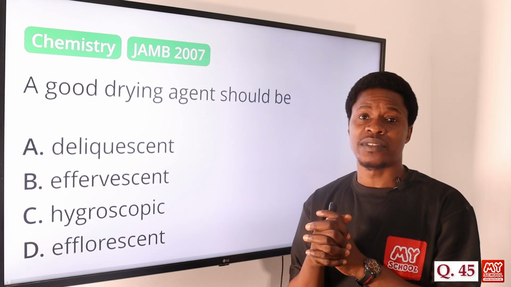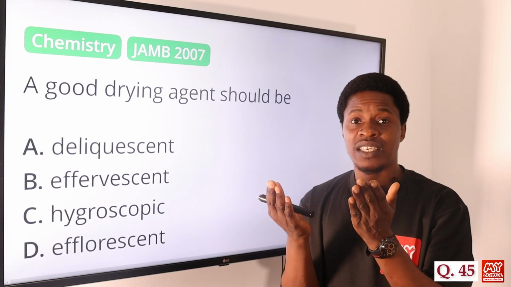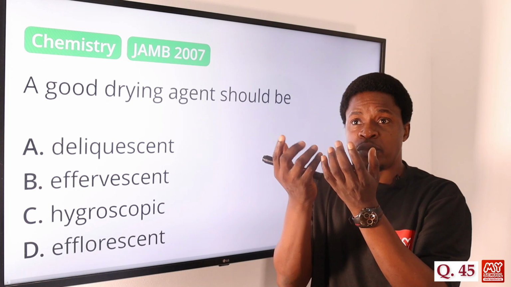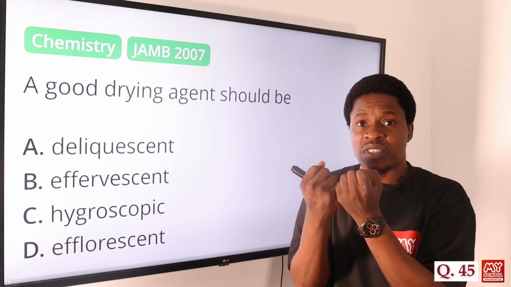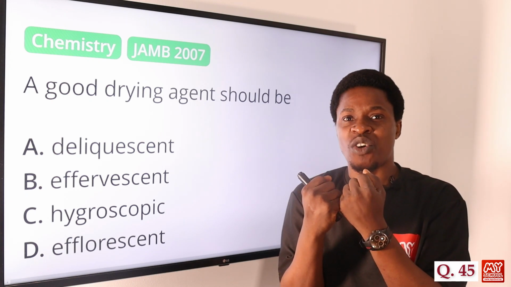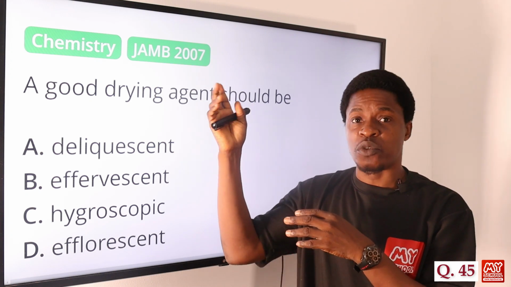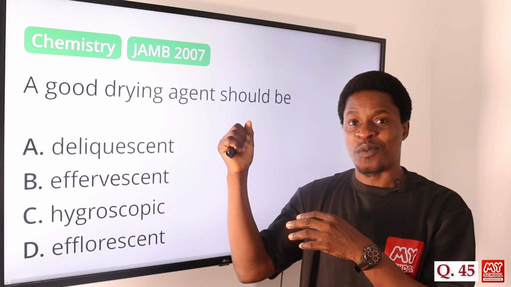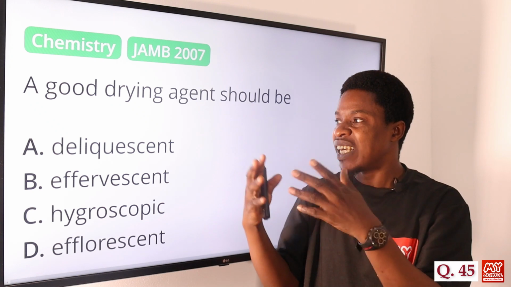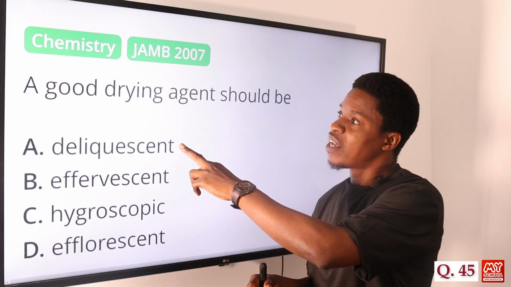Deliquescent substances, when you expose them, absorb moisture content, they absorb water in the atmosphere, and then they turn into solution. So if they absorb water from the atmosphere and turn into solution, then we can't use them as what?